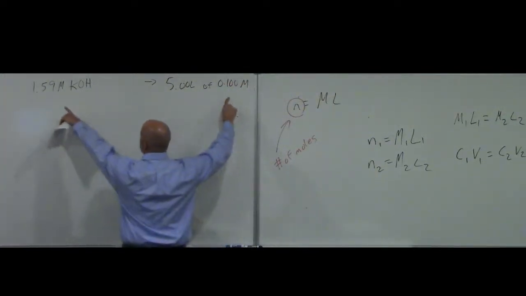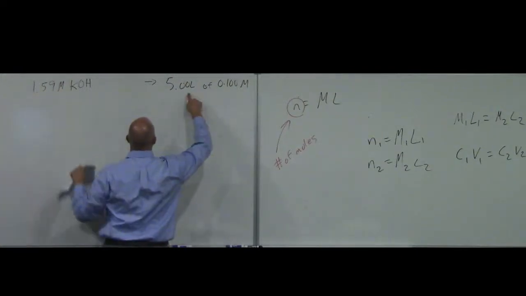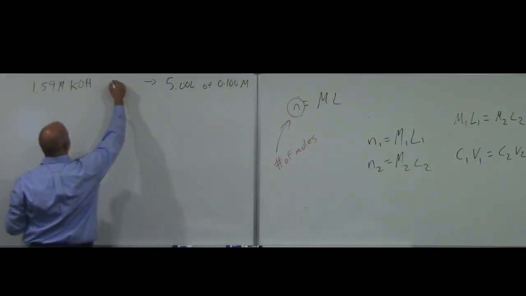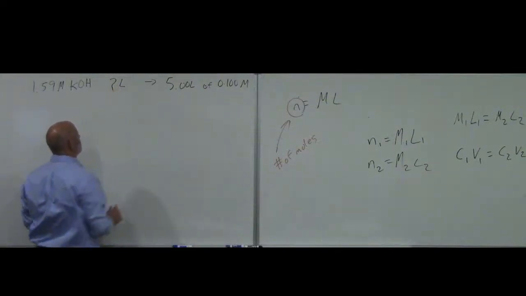Okay, so I've got molarity on both sides. I've got liters on one. What I want to know is how much of this, right? How much of this in liters?